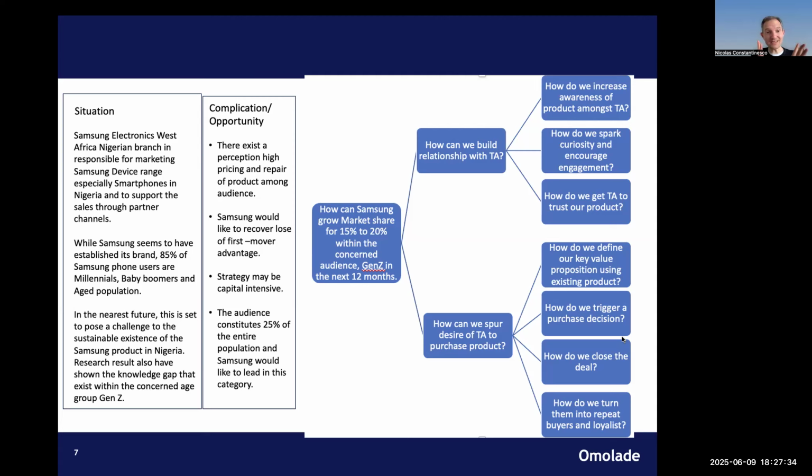I think the question itself is very clear, but what precedes the question and what comes after it is too vague. I think it could be made more robust. On the SCQ, one small thing is that the last bullet of the situation is part of the complication. But all the stuff in the complication is not really coherent.